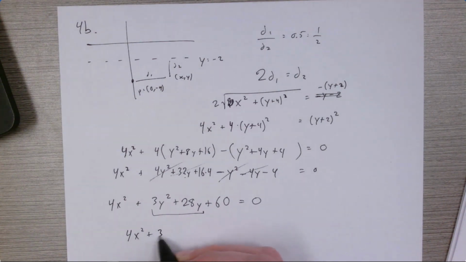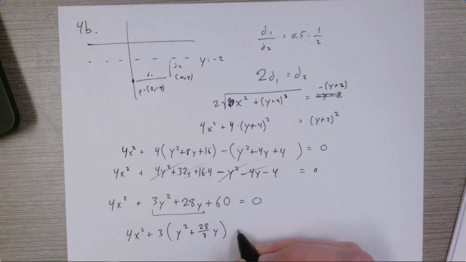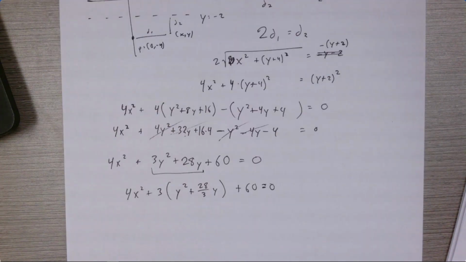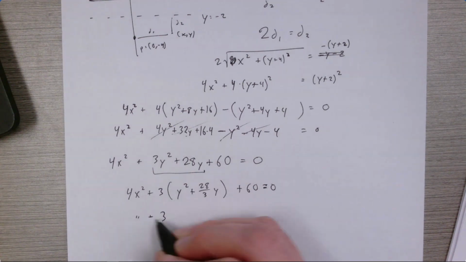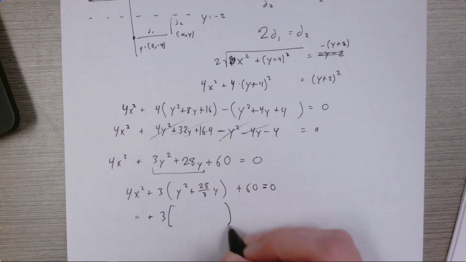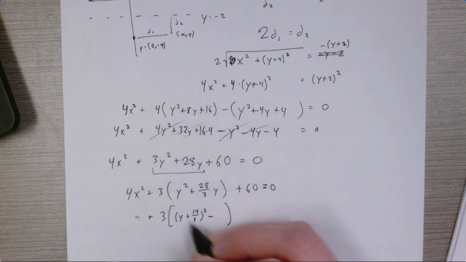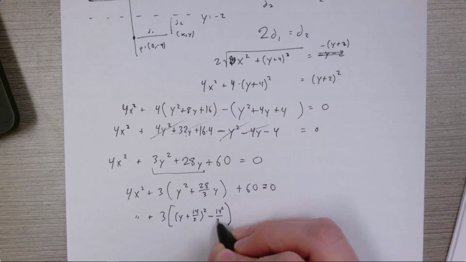Let's factor out the 3. So y squared plus 28 thirds y. Let's keep the 60 on the outside. So now, completing the square on the inside, we've got y plus half of this, so that would be 14 thirds squared. And then we have to subtract 14 squared over 3 squared.